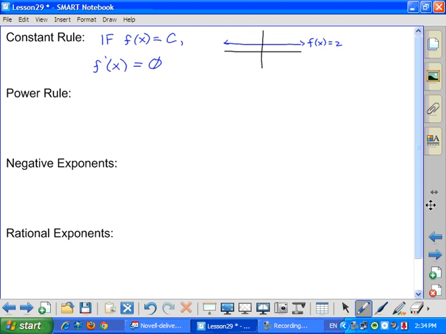Our power rule. If the original function f of x is equal to ax to the exponent n, f prime of x will equal n multiplied by a, x to the exponent n minus 1.